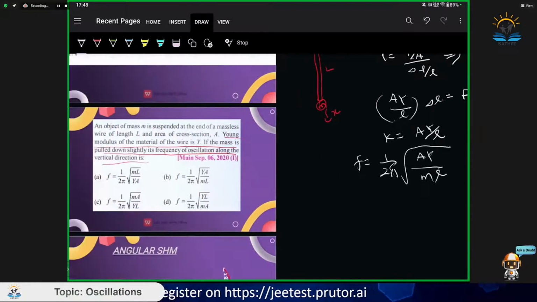So option B, AY by ML, seems to be the correct answer.